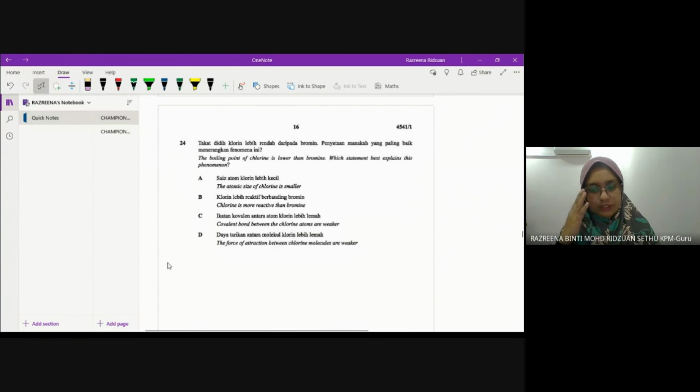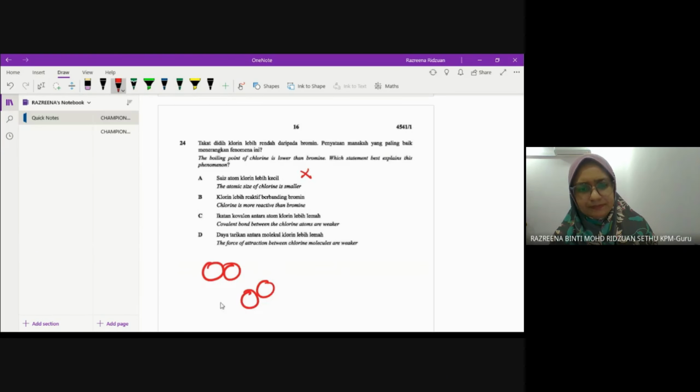Question 24. The boiling point of chlorine is lower than bromine. Which statement best explains this phenomenon? Size of chlorine is smaller. No, it does not explain the boiling point. The boiling point here refers to why from liquid it can turn into gas.